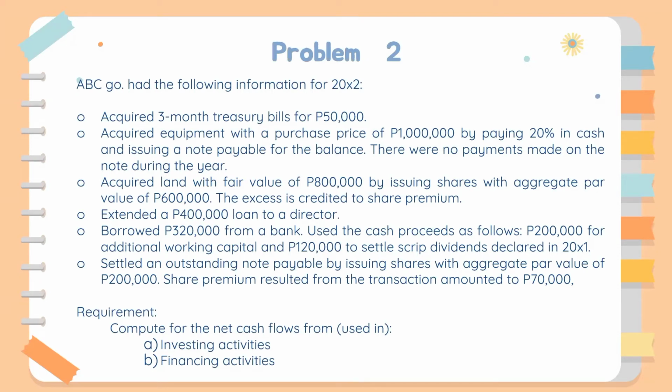Share premium resulted from the transaction amounted to 70,000 pesos. So for the requirement, compute for the net cash flows or cash used from investing activities and financing activities. You can check your answers now.